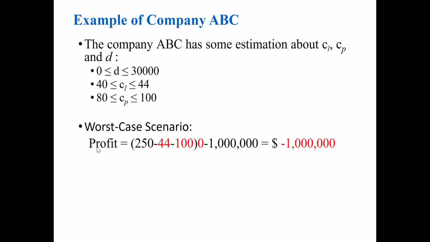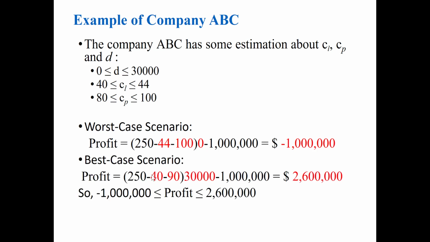But how about the best case scenario? What happens if we are optimistic and consider the best possible case? For example, demand is 30,000, the cost of the labor is at a minimum level, and the cost of the parts is at a minimum level. That's going to be the highest profit for this company. So the best case scenario is (250 minus 40 minus 90) times 30,000, which is the demand, minus $1 million.